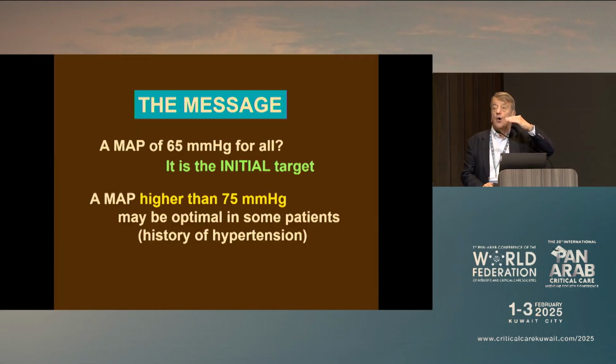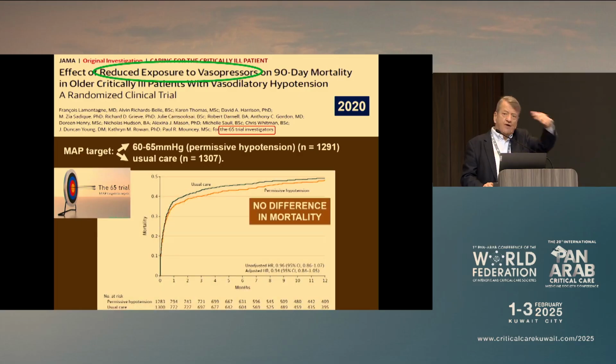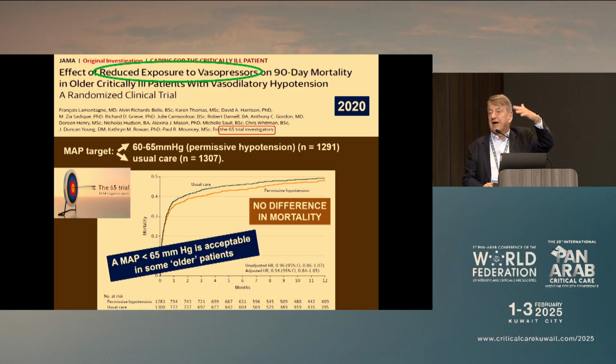Oh, okay, so we should go to 75, right? Let's put 75 as our target value. No. Look at this study called 65. It's a double 65. 65 years old or older, 65 mean arterial pressure, or allow it to be lower than 65. No difference in mortality. The same explanation.